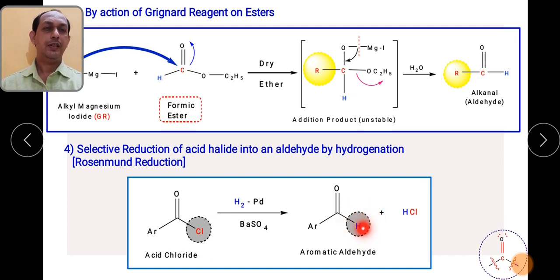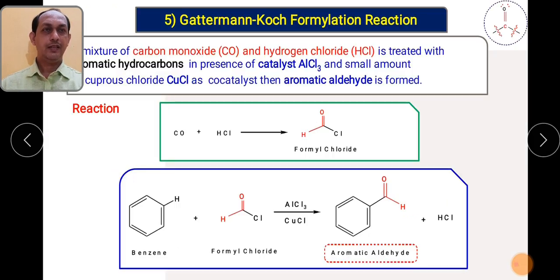We have also seen the mechanism: the H and the Cl are eliminated, and the hydrogen comes from H2, remember. This is how we can prepare aromatic, or even aliphatic, aldehydes by the Rosenmund reduction. So these are the four methods we have seen in earlier parts.